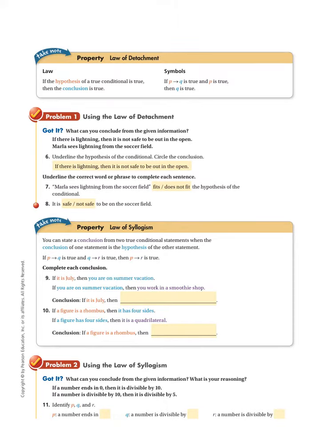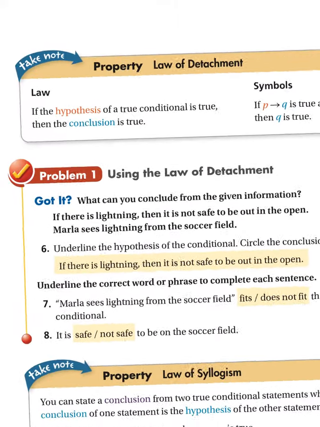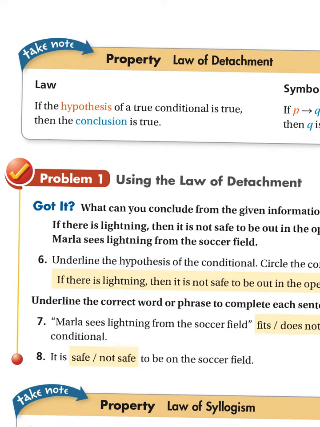So let's dive in and talk about this law of detachment. The law states if the hypothesis of a true conditional is true, then the conclusion is true. So you'll hear me say a lot, if the hypothesis is true, or if the hypothesis is fulfilled, then we get to use the law of detachment.